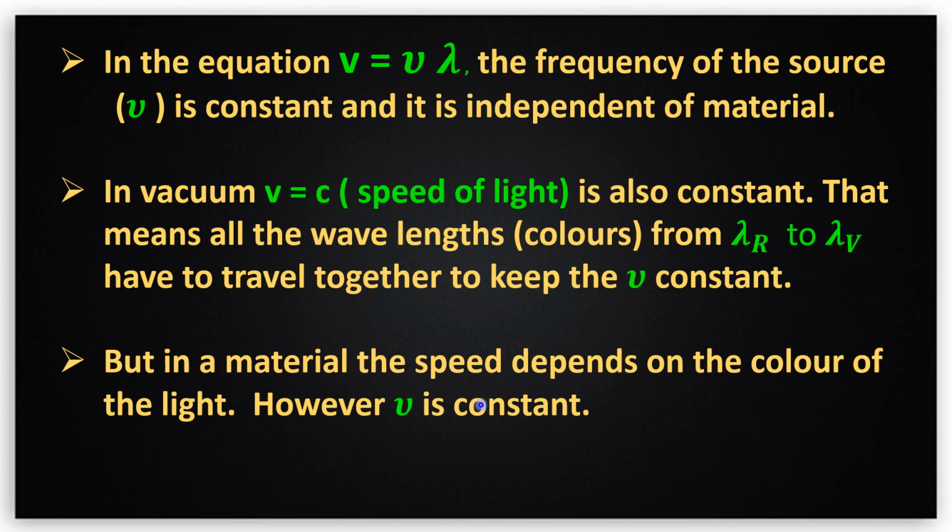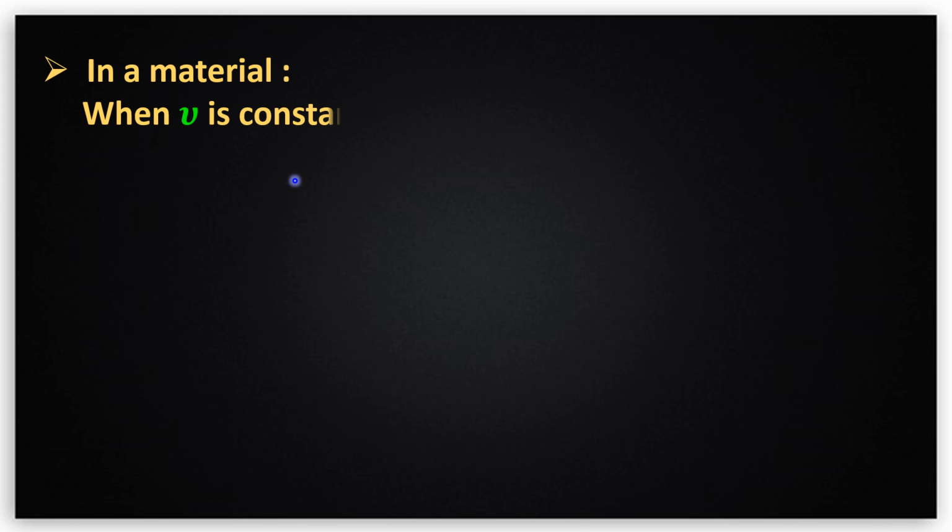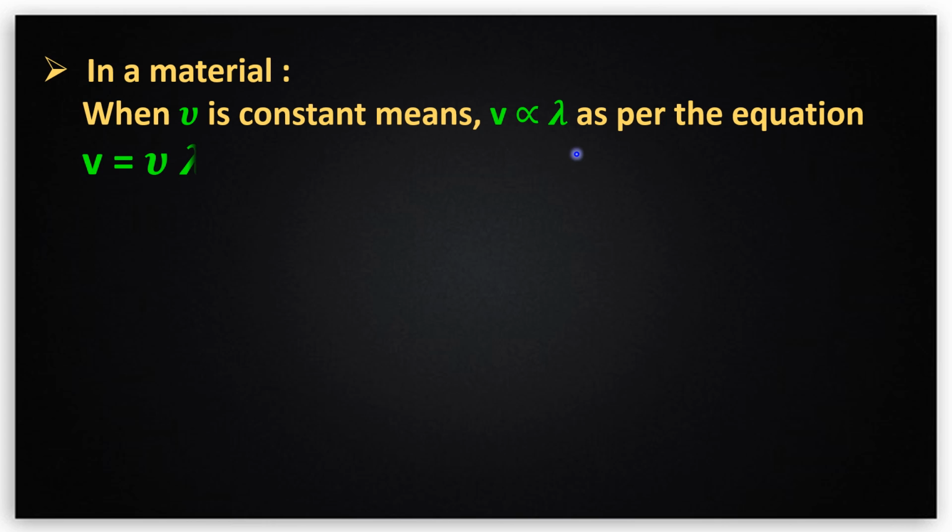In material, the speed depends on the color of light. However, nu is constant. So in the given material, when nu is constant, v is directly proportional to lambda as per the equation v equals nu lambda.